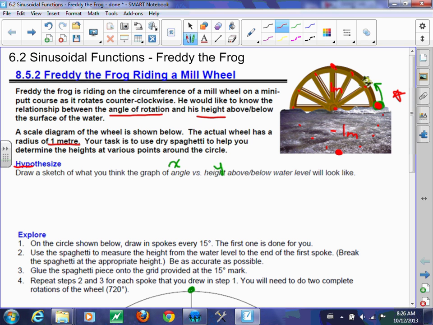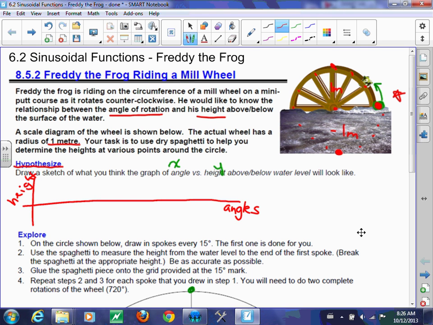So let's hypothesize for a second. Draw a sketch of what you think the graph of angle versus height below and above the water would look like. Well, first of all, what do we know if this is the water level? Okay, and as we do our angles, so this is going to be our angles, in terms of degrees, and this is going to be our height.